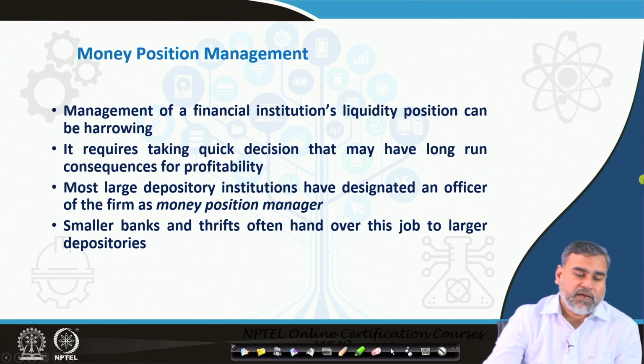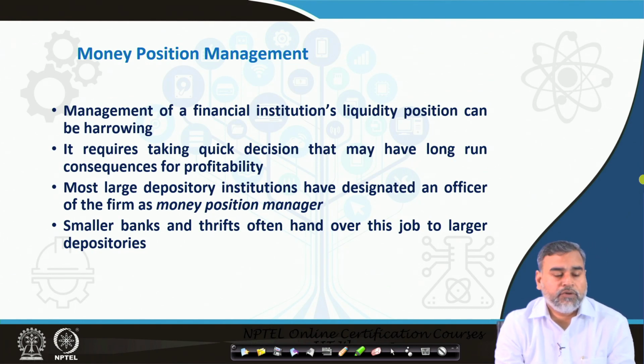Let us understand, class. First of all, we have to understand what money position management is. Money position management is a worrisome matter for commercial banks. It is really difficult for commercial banks to manage this.